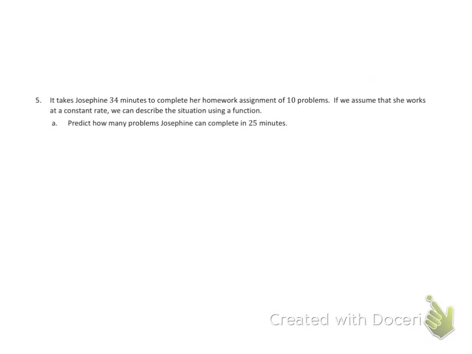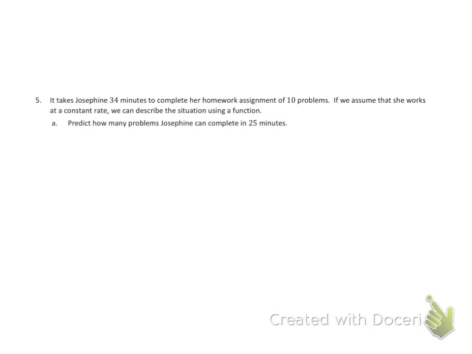Okay, let's look at exercise 5 and then we'll be almost done. Exercise 5 says, it takes Josephine 34 minutes to complete her homework assignment of 10 problems. If we assume that she works at a constant rate, we can describe the situation using a function.